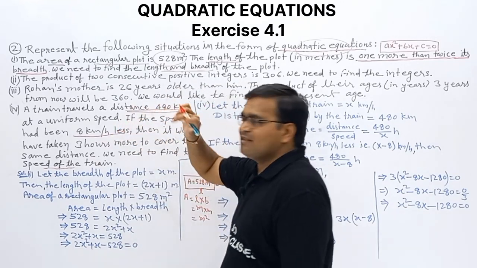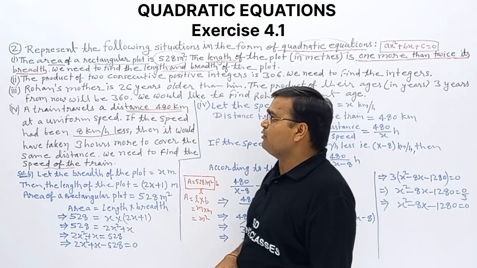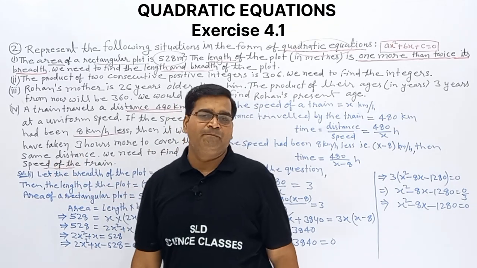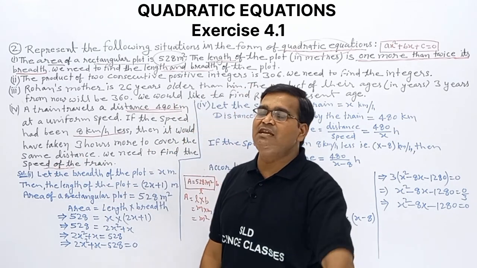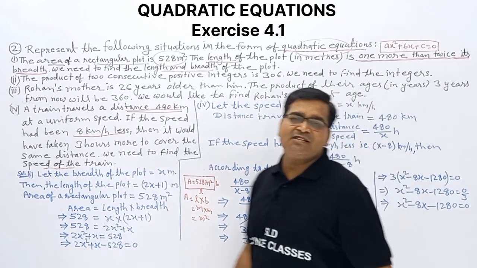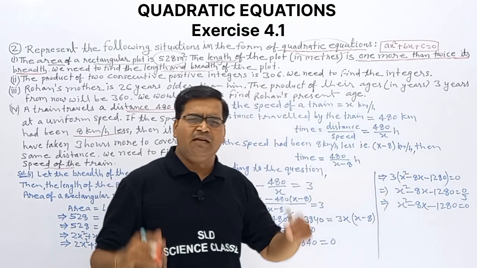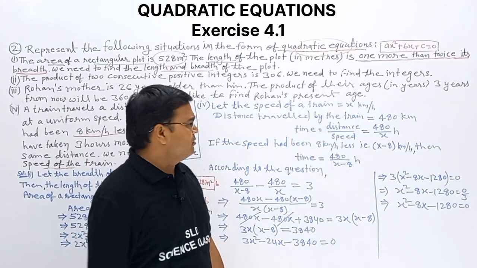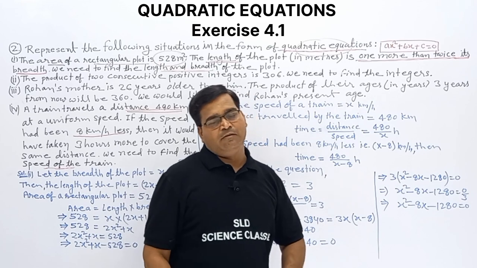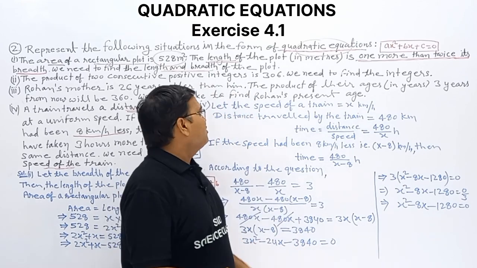Now in this situation, in question number 4, we want the speed of a train. So we will assume the speed. Let the speed of the train be x kilometer per hour. I am taking variable x. You can take y, t, whatever you want.